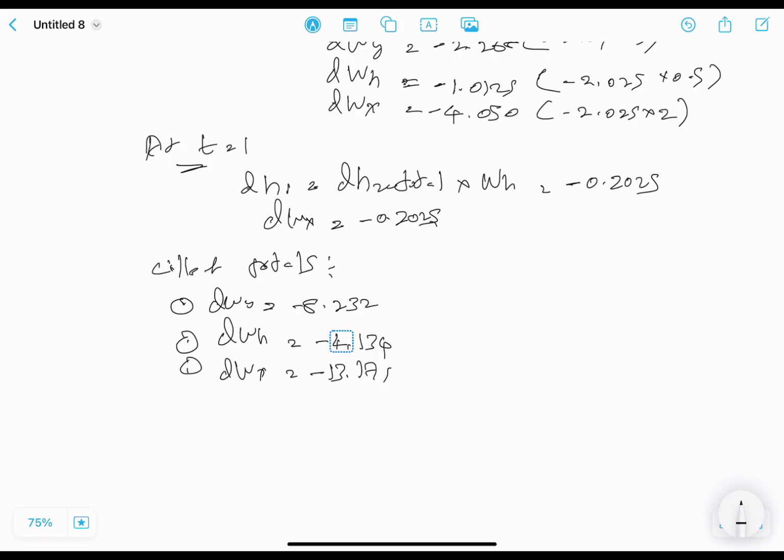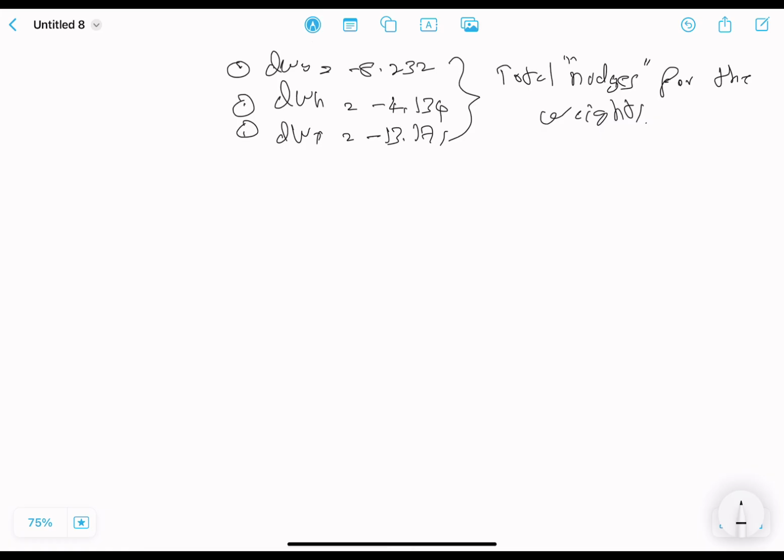If we take the meaning of these, these are the total nudges. I hope you know the meaning of nudging: small tweaks, nudges for the weights. And at step 4 we update the weights.